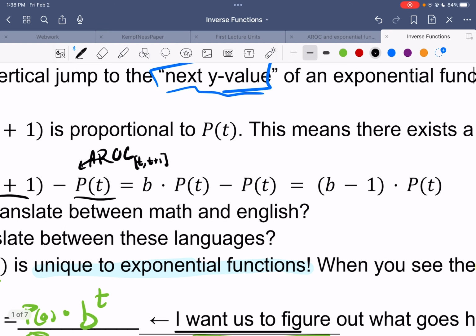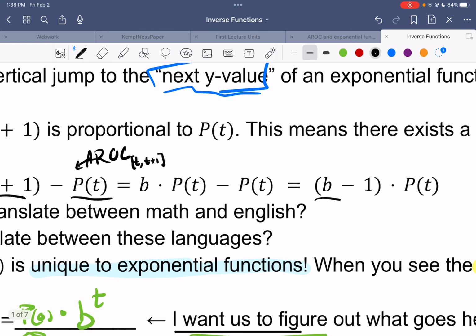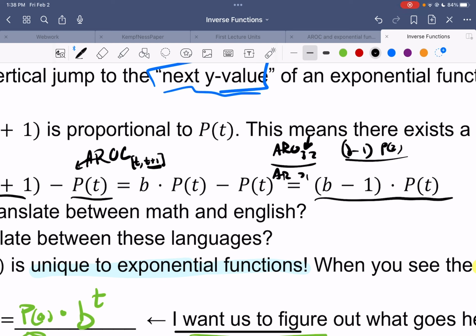So in our case, we had p of 3 minus p of 2 over p of 2 minus p of 1. So 3 is playing the role of t plus 1, so t must be 2. We have b minus 1 times p at 2 over b minus 1 times p at 1. You instantly see those cancel, and now the question simplifies to: what's p at 2 divided by p at 1? Every time I've written p, the question actually called it m, but whatever.